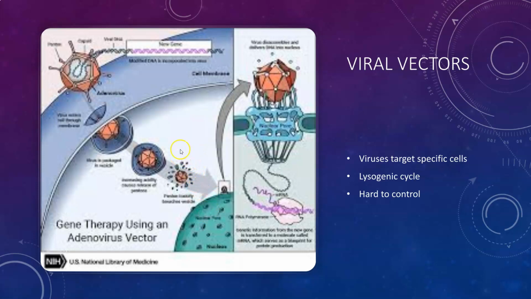The other issue with viruses is finding the right one, and you obviously have to change the virus so that it's not going to cause you harm or go into the lytic cycle and destroy your cells or change your DNA other than what it's supposed to. And with viruses, there's that risk of mutation as well.